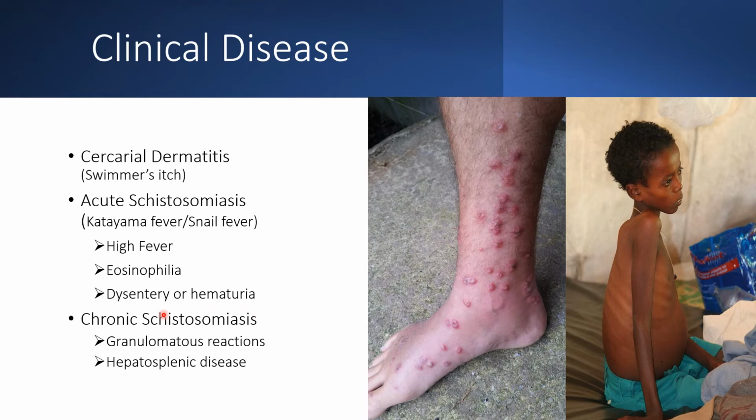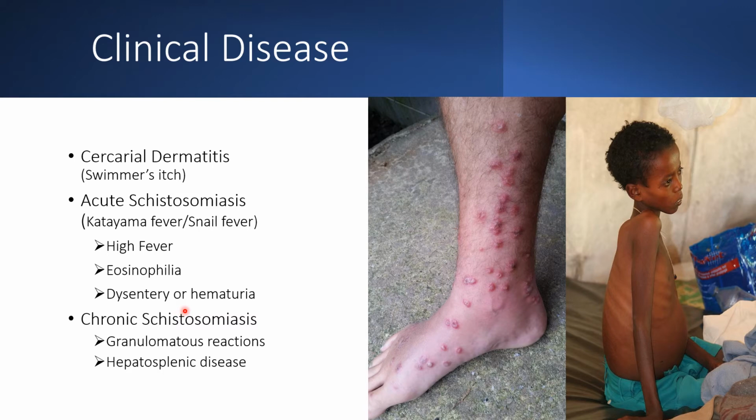Dysentery occurs in cases of S. mansoni and S. japonicum, since their eggs tend to cause damage to the tissues found near the intestinal lumen.